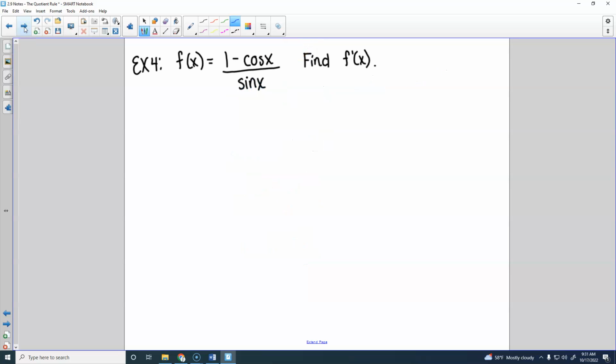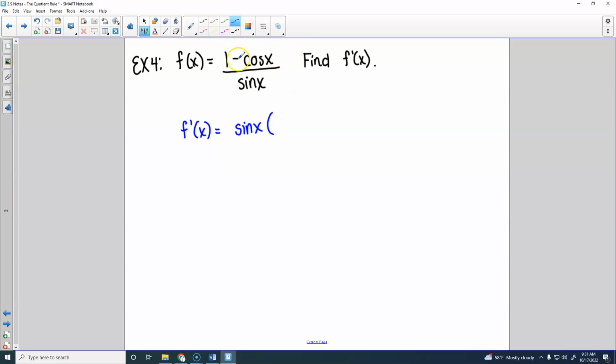All right, here's one with some trig. So if we take our derivative here, okay, low, which would be sine x, times derivative of the high. Derivative of 1 is just 0. Derivative of negative cosine x is going to be, derivative of cosine x is negative sine x.